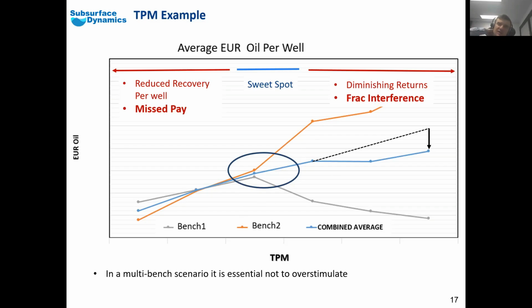As a result, the goal of our work and our studies is to find this sweet spot over here and optimize the tonnage so the fracs for both wells take the exact amount of space they need, to maximize the production and maximize the EOR.